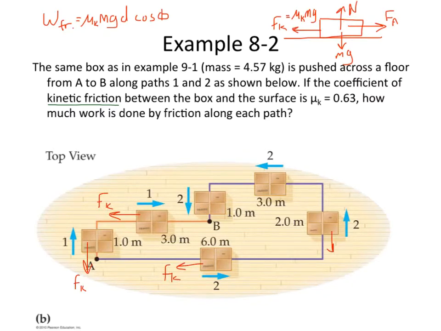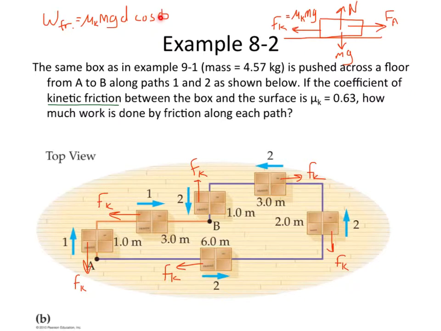Whatever direction indicated by the blue line the object is moving, kinetic friction is acting against that. So for any segment, there's always going to be a 180-degree difference between the direction of motion and friction. So our phi, when dealing with friction, is pretty much always going to be 180 degrees.